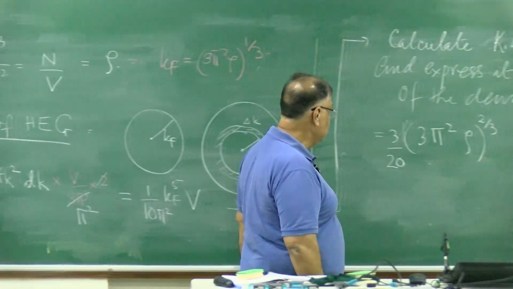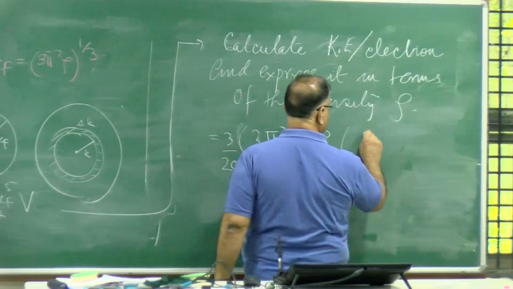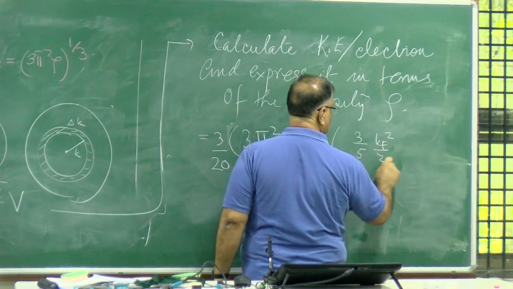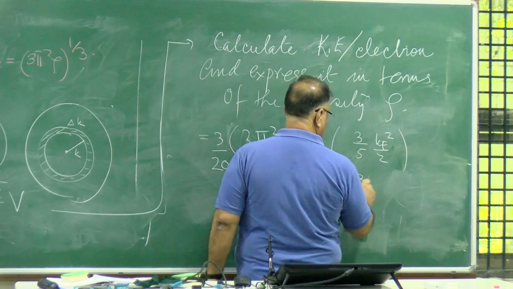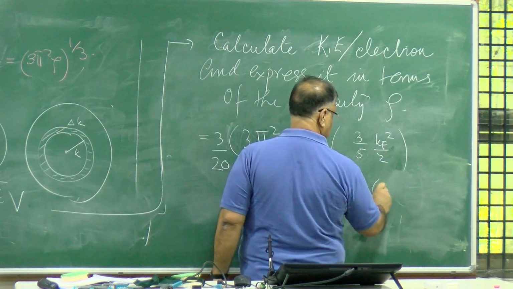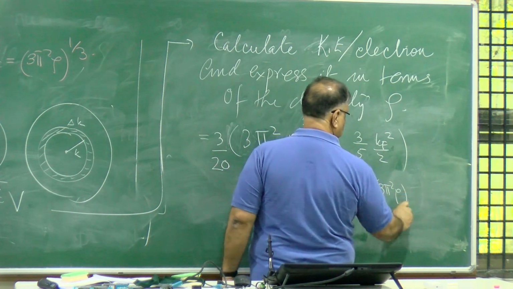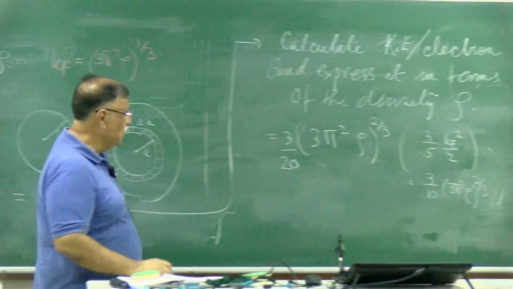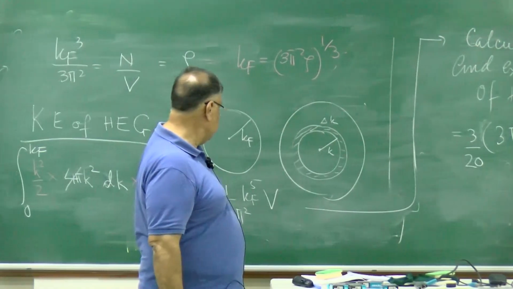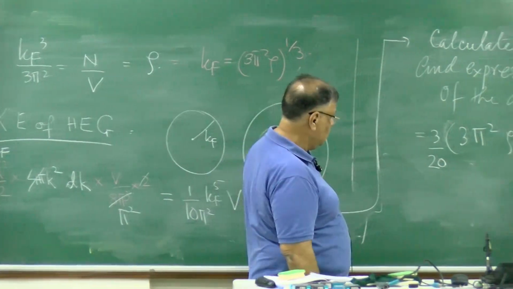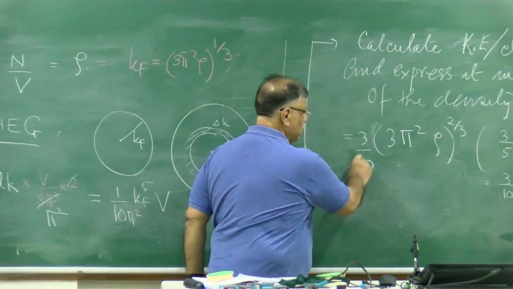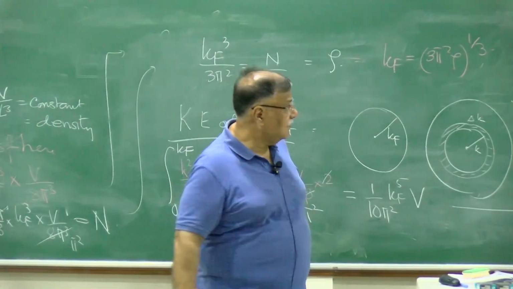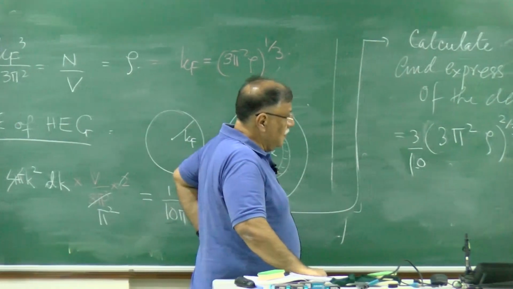So let's see. This usually comes out to be 3/5 kF square by 2. So let me just check. 3 by 10, 3 pi square rho raised to 2/3. There's a factor of half more coming here. It will be 3/10. 3/5 kF square by 2, yeah.